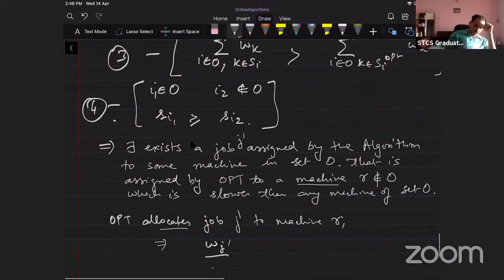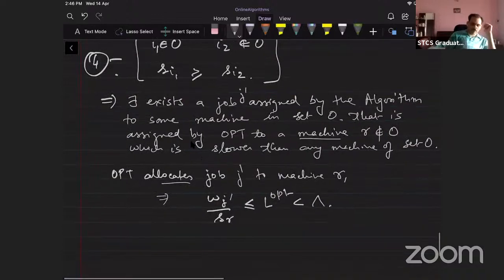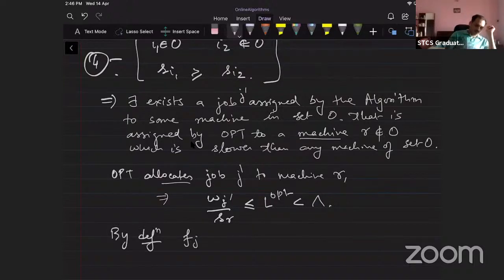Then therefore W_j' by S_R must be less than L_OPT. Again, if the OPT is assigning a job to it, then the load seen on that particular server has to be less than or equal to L_OPT. Now, by definition, F_{j-1} is the fastest server, the machine among the set O complement.